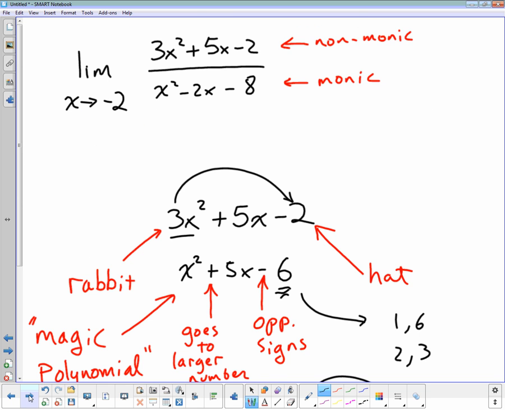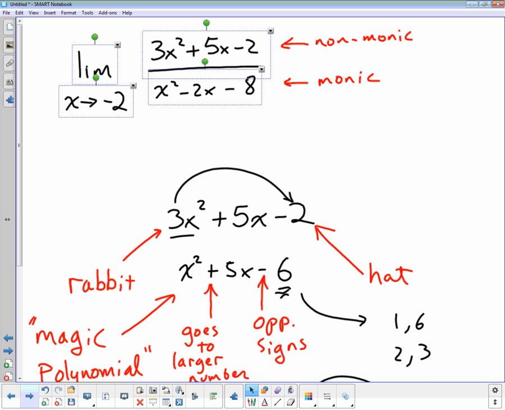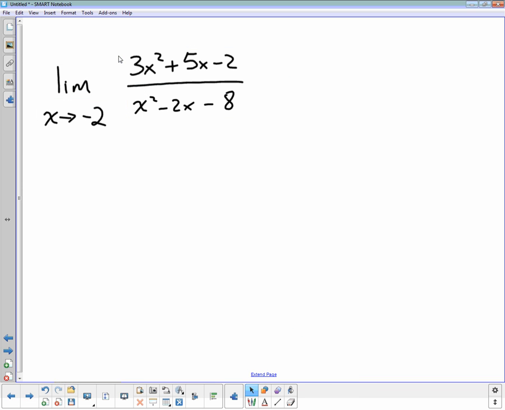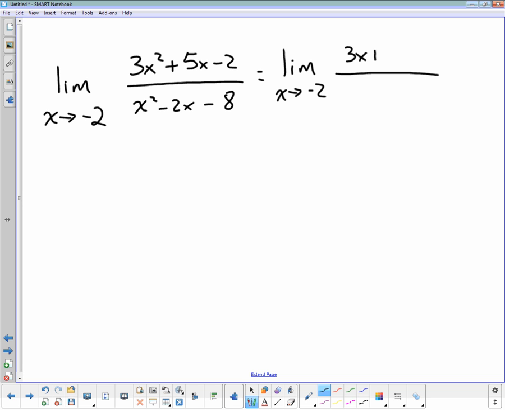Yes. So back up to here. The alter. Before.